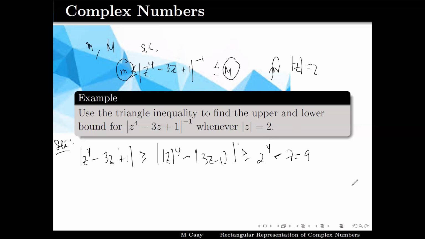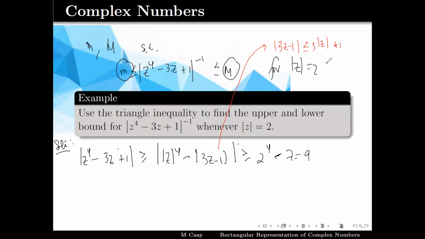Let me make an explanation here. The modulus of 3z minus 1 is less than or equal to the modulus of 3z plus 1. Of course it's greater because I'm taking the plus here instead of the minus.